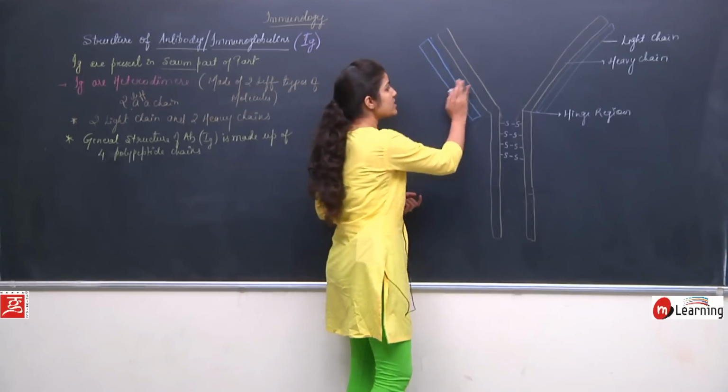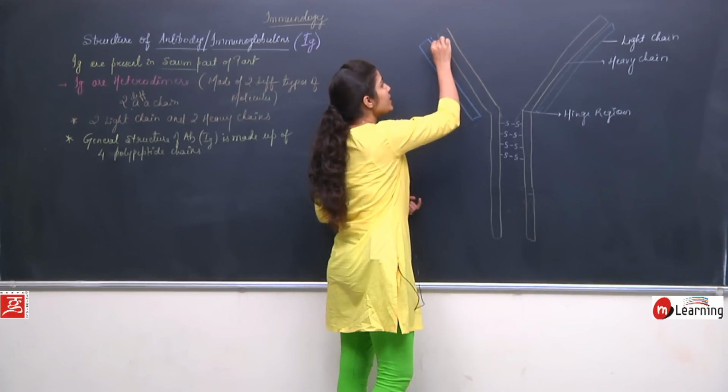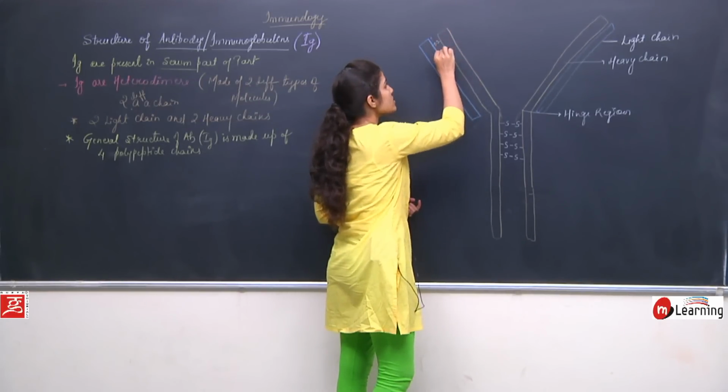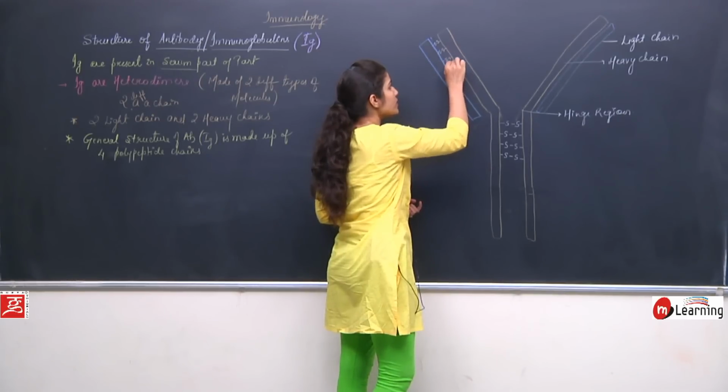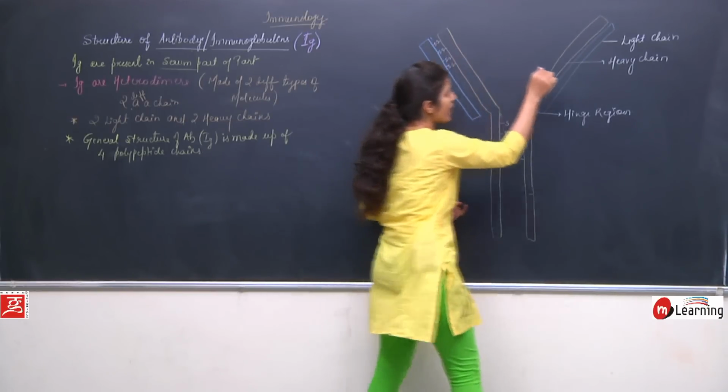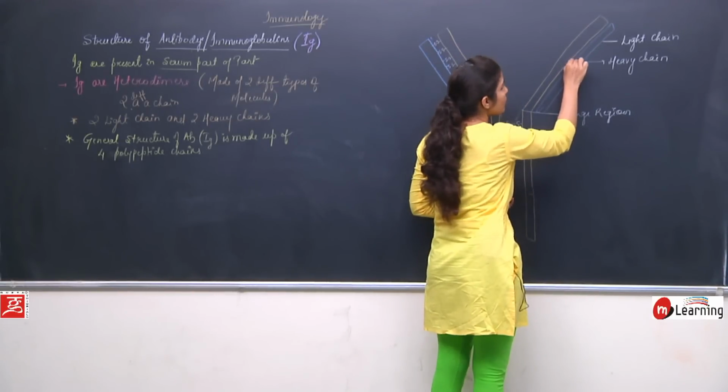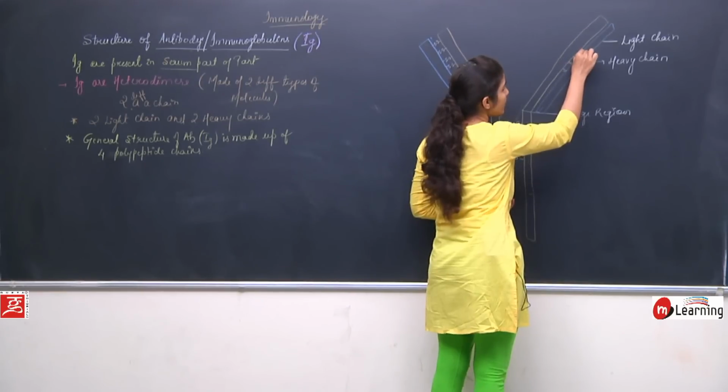Okay. And the same here also, the light chain is attached to the heavy chain with the help of disulfide bonds in both the chains. Okay.